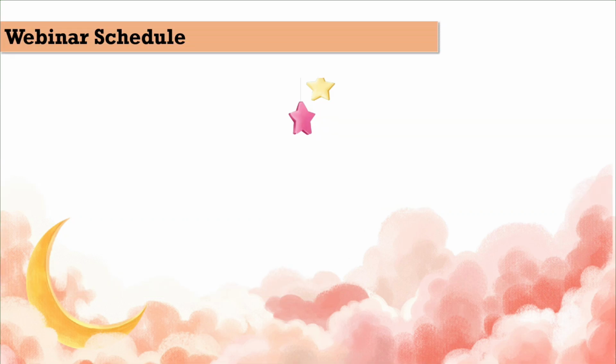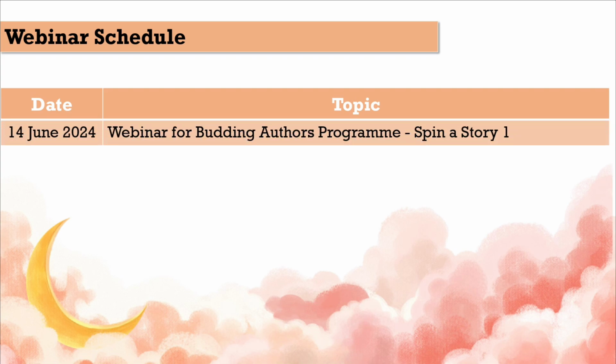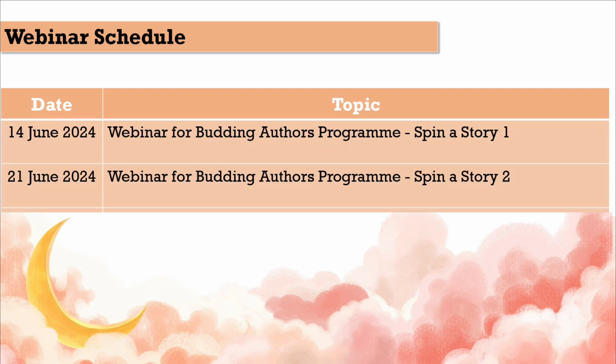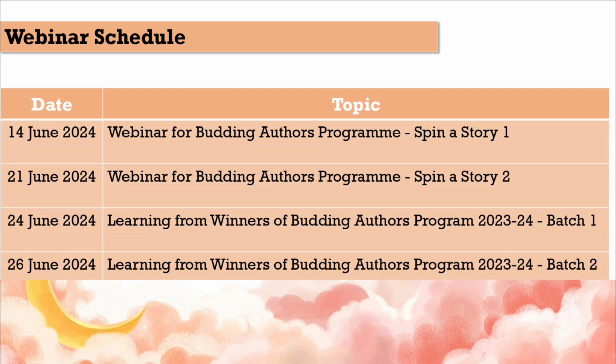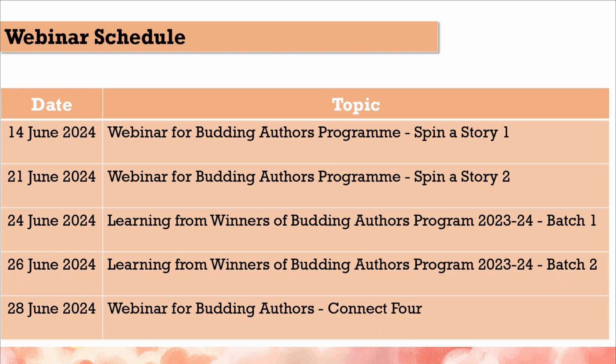Now, your webinar schedule. The first online workshop will be conducted on 14th June 2024 and the topic will be Webinar for Budding Author Program Spin a Story 1. The second webinar will be on 21st June 2024. The topic will be Webinar for Budding Author Program Spin a Story 2. The third will be on 24th June 2024.